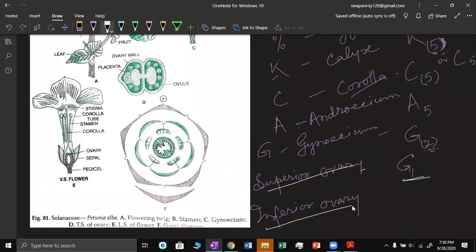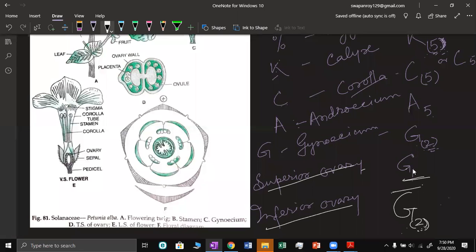When it is an inferior ovary, in that case we will put a line above G. Say in the case of sunflower, it is bicarpellary, syncarpous, and inferior ovary.